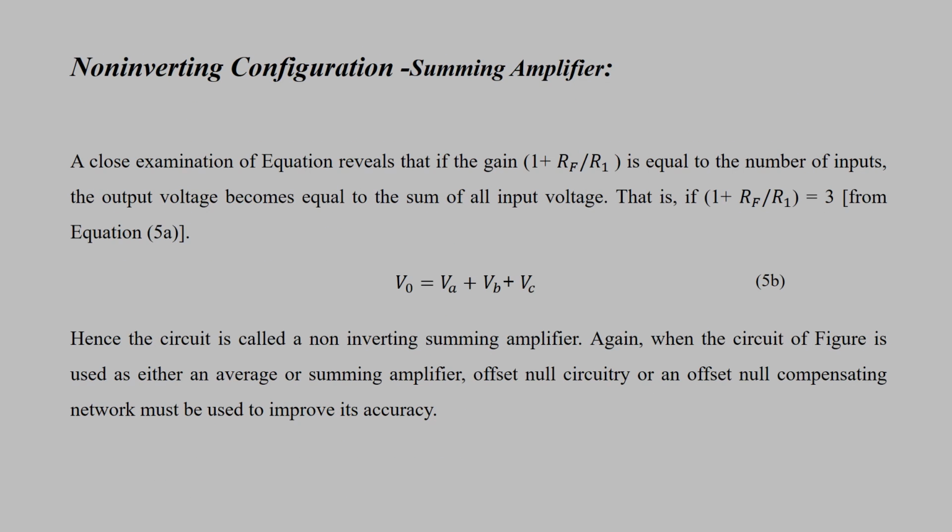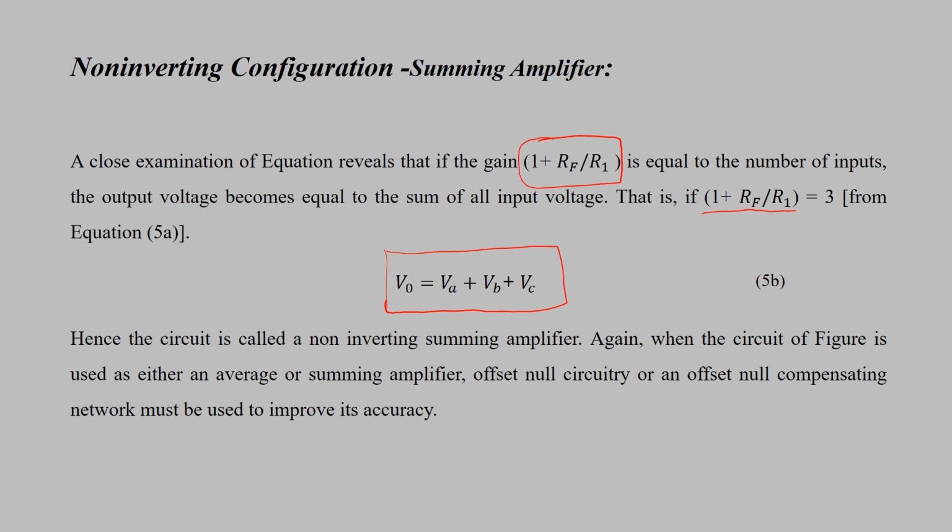So a close examination of this equation reveals that if the gain 1 plus RF by R1 is equal to the number of inputs, then the output voltage becomes the sum of all inputs. That is, in case of 3 inputs, if we make 1 plus RF by R1 equal to 3, then Vout is equal to VA plus VB plus VC.